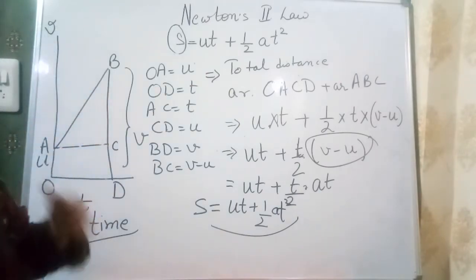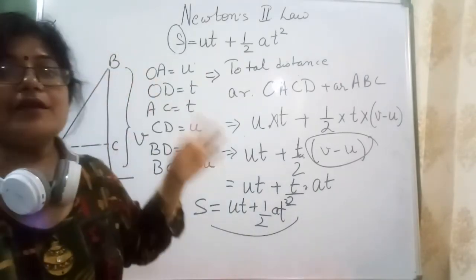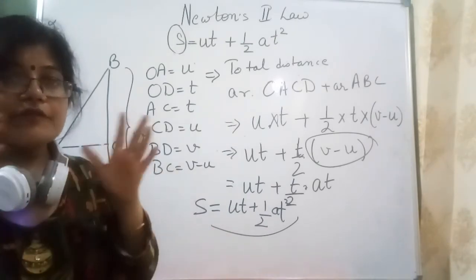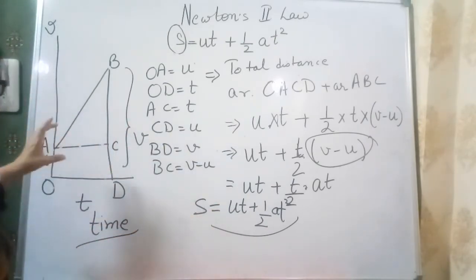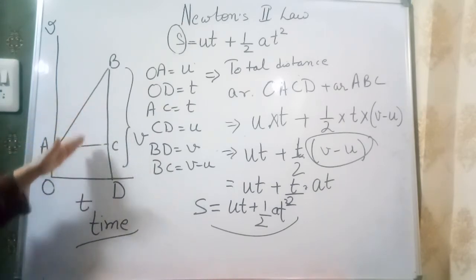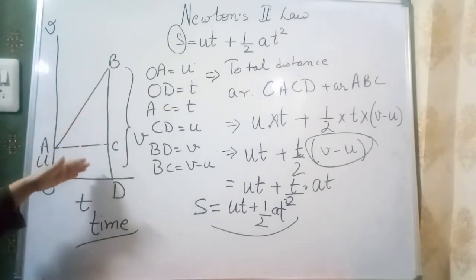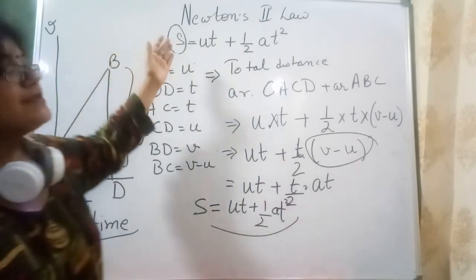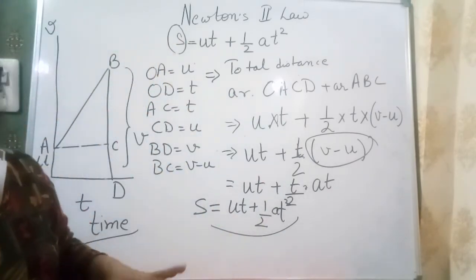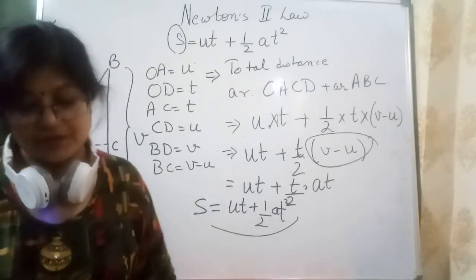Clear? In order to derive the equation of motion, we find the area of the graph. And here we have a rectangle and a triangle, and just add the area of two figures, you get the distance covered by the body graphically. Okay, now the Newton's third law.